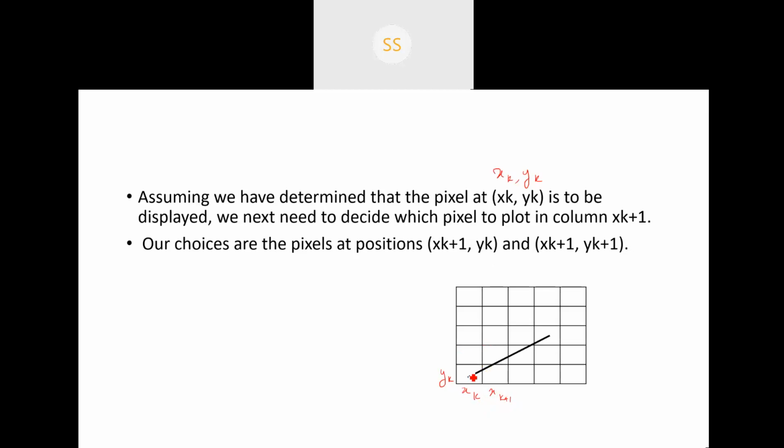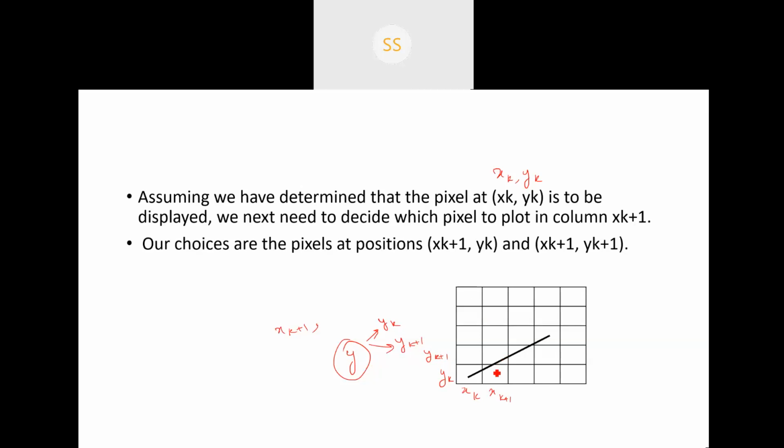The initial point is plotted at xk, yk, and the next point has to be sampled at xk plus 1. The x value is xk plus 1, but what about the y value? It can be either yk or yk plus 1.